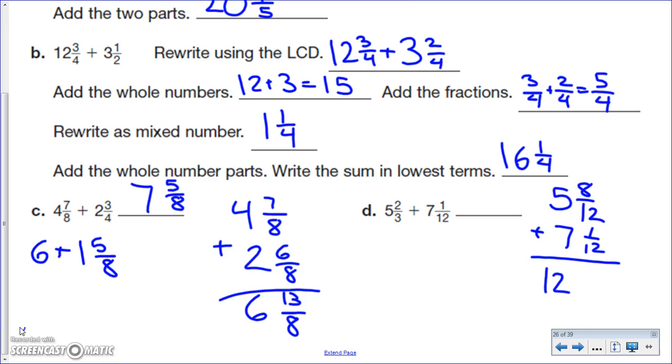And then 8/12 plus 1/12 is 9/12. And we know that 9/12 can be simplified, so we're going to divide the top and the bottom by 3, so we'll get 12 3/4 as our final answer.